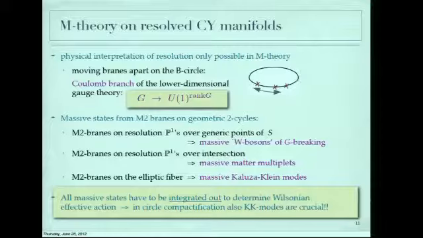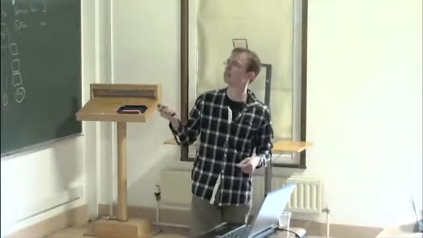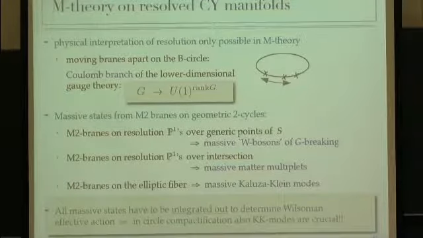So in type 2a, these are D6 branes, and these D6 branes have 1 dimension less, so they are a point on the circle, and we can move them apart, and moving them apart corresponds to blowing up in M theory. From the D6 brane picture, it is very clear that this means that we go to the Coulomb branch of the gauge theory.